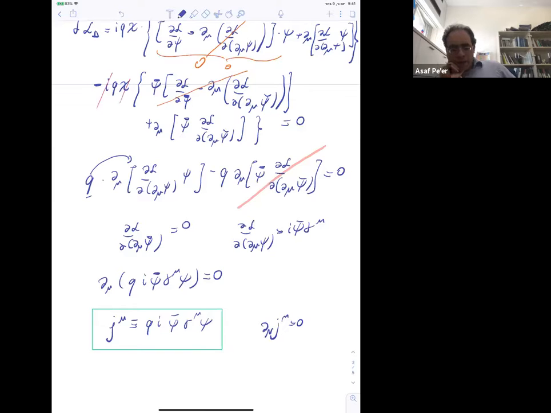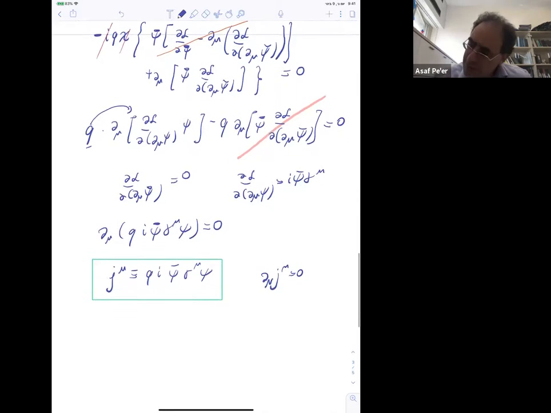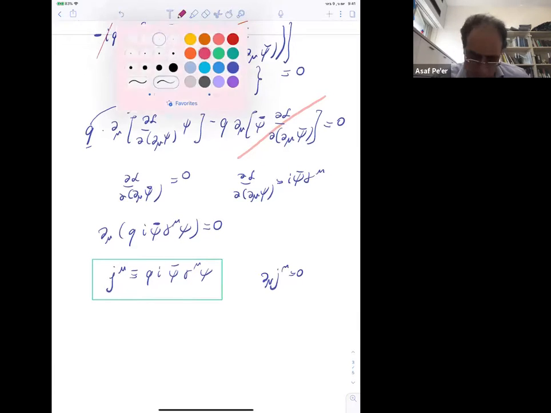So the technical wording is saying that we transform the spinor under a U(1). This is a 1-by-1 unitary matrix symmetry group. And we say that the conservation of charge follows from the invariance of the Lagrangian under the group U(1). This is a technical term of what we just did.